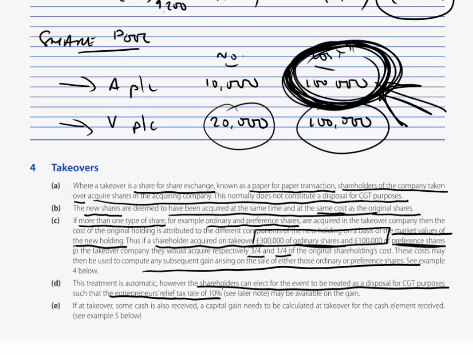And when you acquire your gold shares, maybe the shareholding you acquire in them is such that you don't actually rank for the entrepreneur's relief. And on that basis, let me be taxed sooner on a gain at 10% rather than later on a gain at 28%. But we'll talk more of that once we've dealt with entrepreneur's relief.